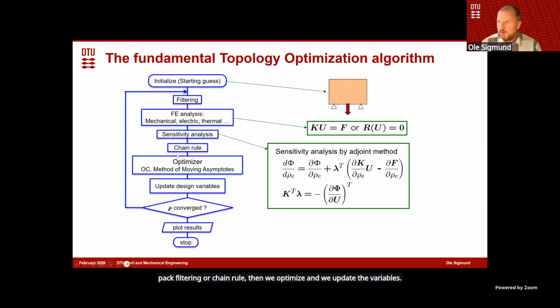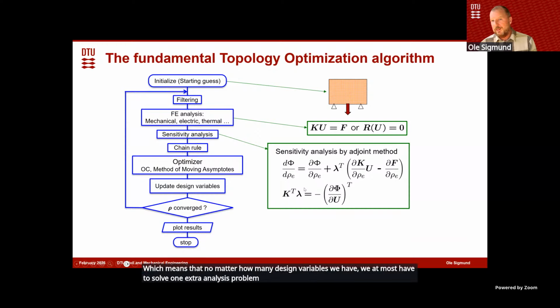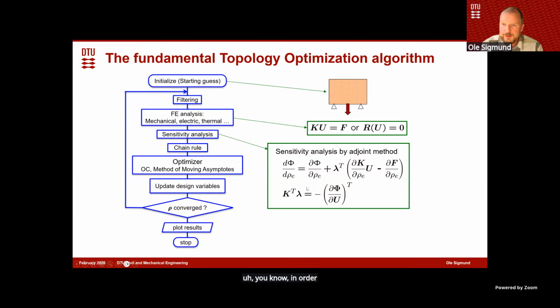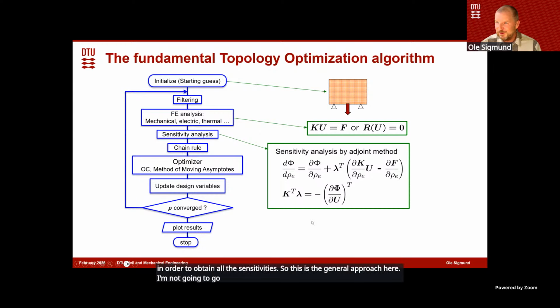And a very powerful point is that we can find the sensitivities using the adjoint method, which means that no matter how many design variables we have, we at most have to solve one extra analysis problem or one extra right-hand side in order to obtain all the sensitivities. So this is the general approach here. I'm not going to go deeper. If you want to know more, then check the first tutorial.